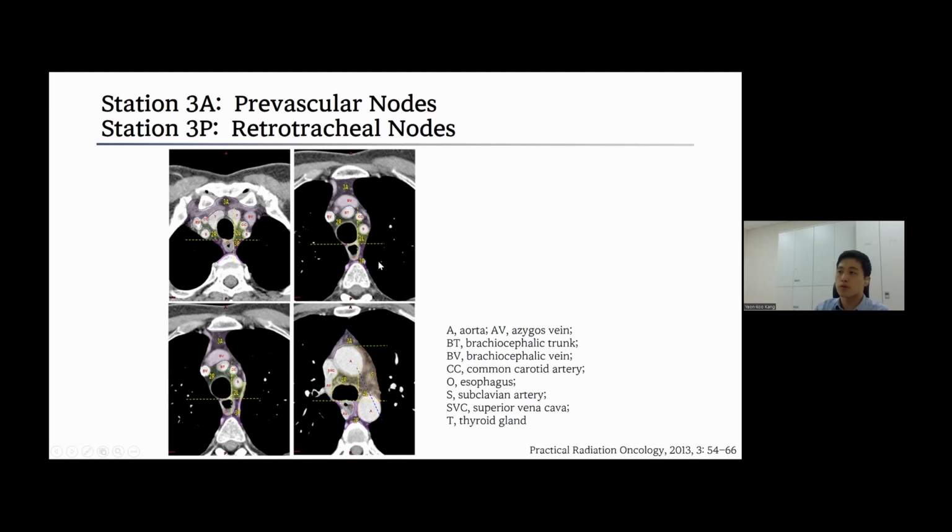The lower border of 3P station, the inferior border of 3P station is the carina, because the carina is the end of the trachea, and the 3P means the retrotracheal lymph node station. So the lower border is the carina.